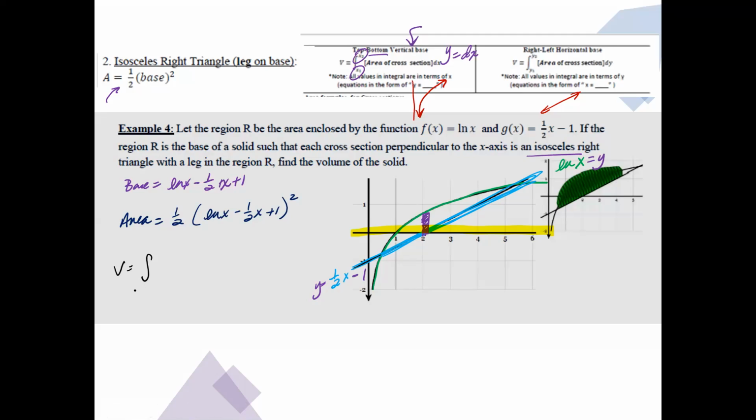Your intersection here is going to give you in a decimal, which is going to be 0.464, and then on top it's going to be 5.357. And so then if I go ahead and find the integral of this, I'll have 1/2 ln x minus 1 over 2x plus 1 squared dx. And then, of course, if you go ahead and evaluate this, your volume is going to end up with 0.613 unit.